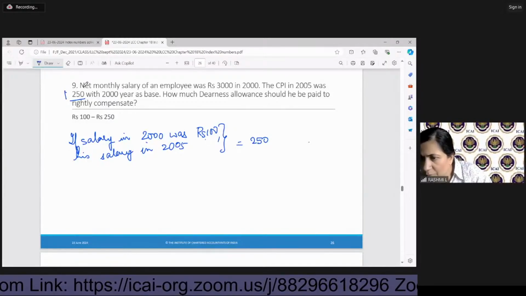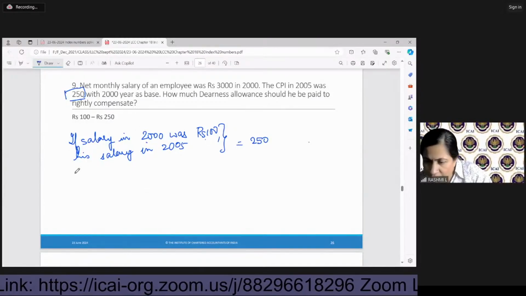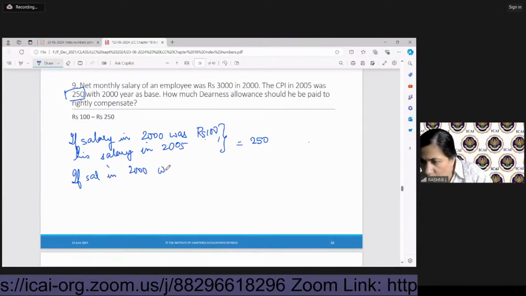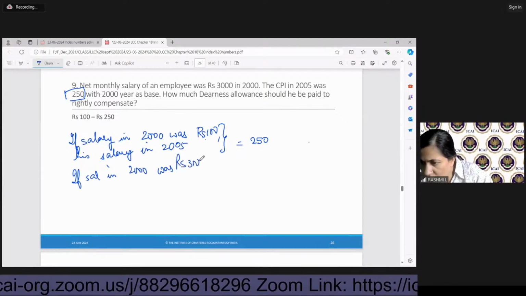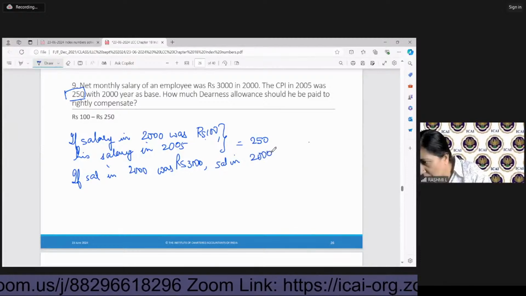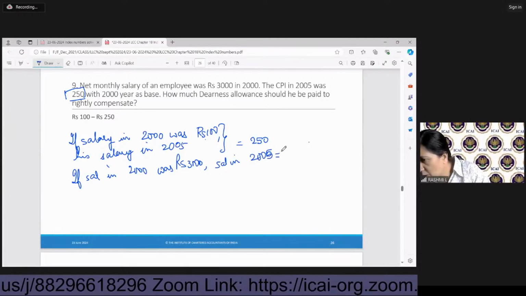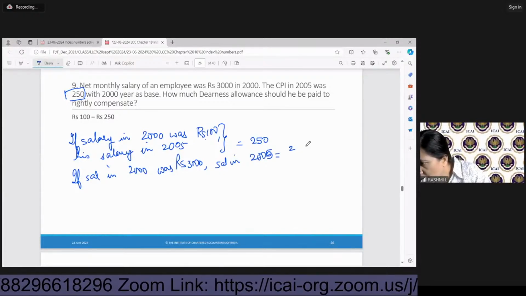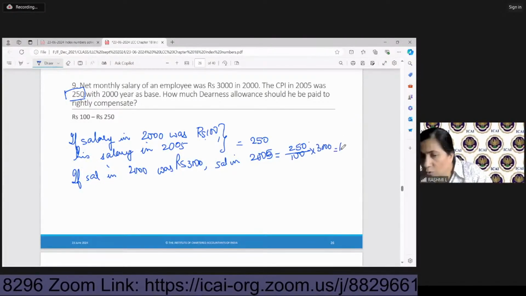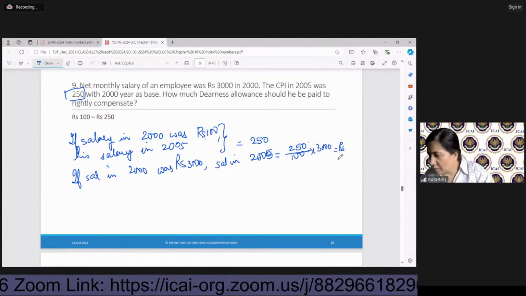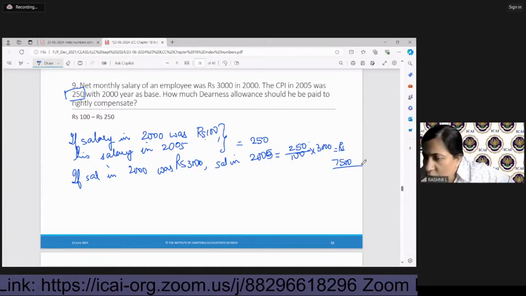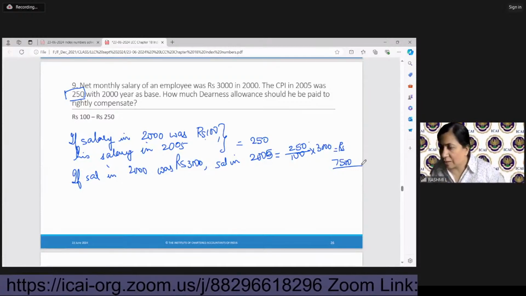Why? Because the CPI is given to us as 250. If salary in 2000 was rupees 3000, salary in 2005 will be how much? 250 upon 100 into 3000, which is equal to rupees 7500. So it should be 7500.